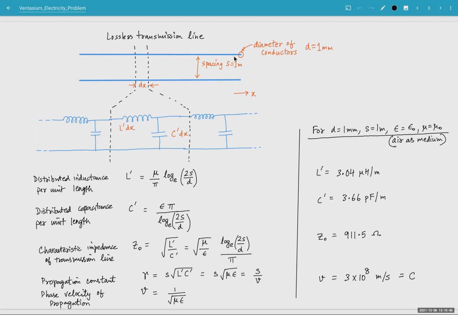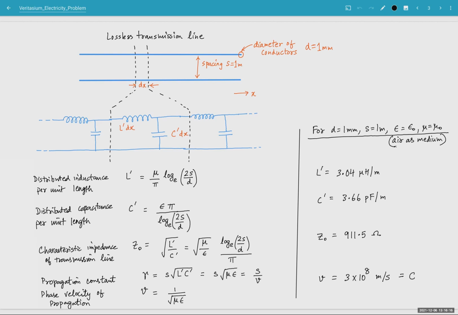If that's not the case, we can also use a more accurate formula as well, which won't change things much. Instead of this log function, there is an inverse hyperbolic cosine function here, but a link is provided from where you can see some of these formulae.